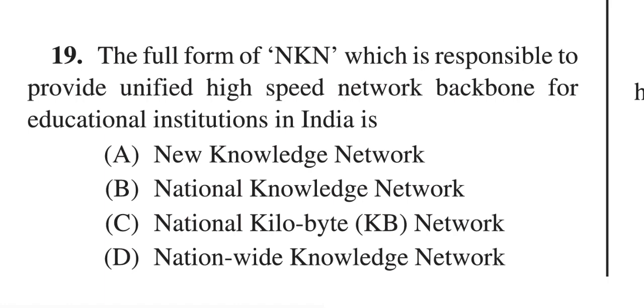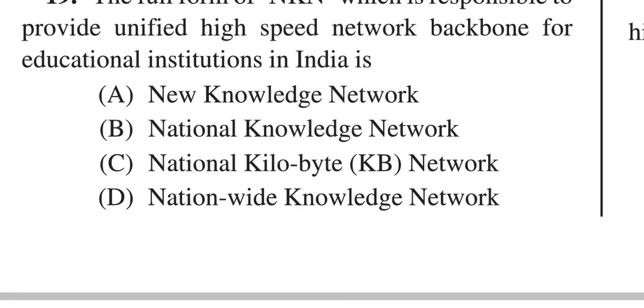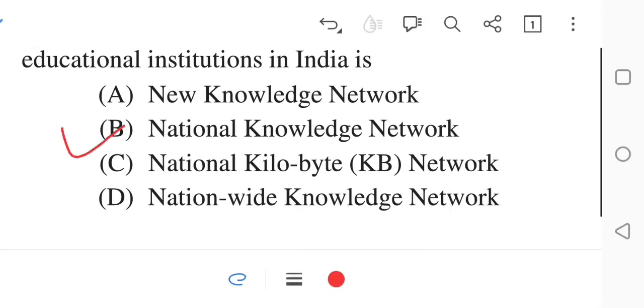New Knowledge Network, National Knowledge Network, National Kilobyte KB Network, Nationwide Knowledge Network. This question is related to science and technology, but it is also related to research, and you can say education or higher education. Okay, 19, correct answer will be B, that is National Knowledge Network.